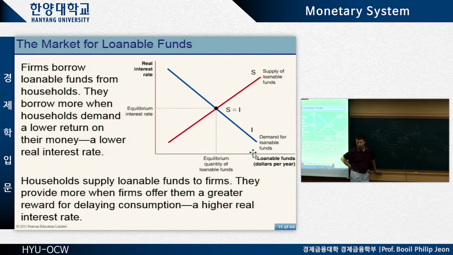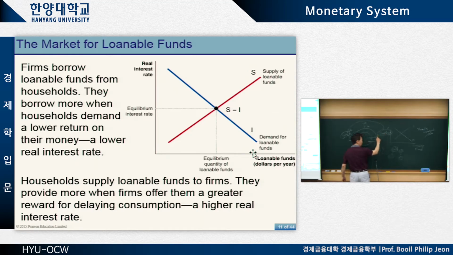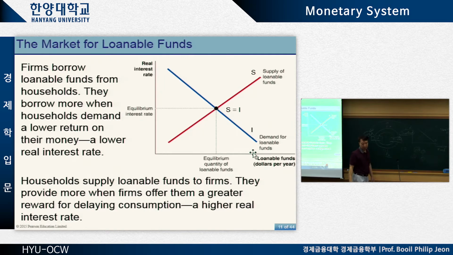So the idea is whatever the amount that households save, that amount will exactly be re-injected into this pipe, right? In terms of investment, right? So there will always be the equilibrium.